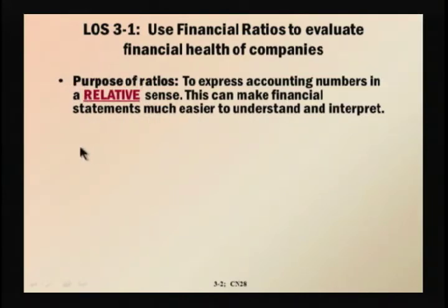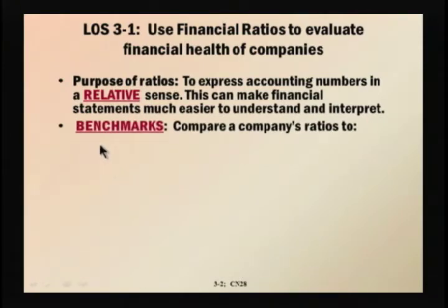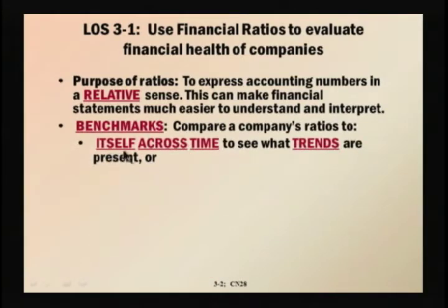By a relative sense, we mean we're going to take a firm's financial information and compare it to some benchmark, such as the firm itself across time, looking at different trends in the ratios, such as, is the firm's liquidity position improving or is it declining over time? Is the firm taking on more debt compared to its assets over time? In other words, is it being financed differently now than it was a few years ago?